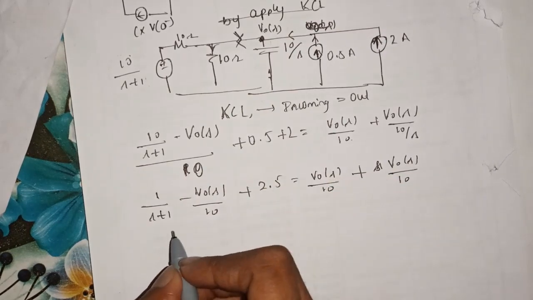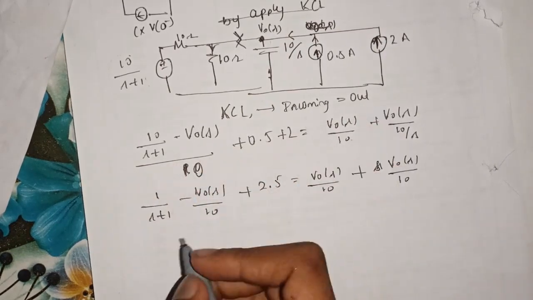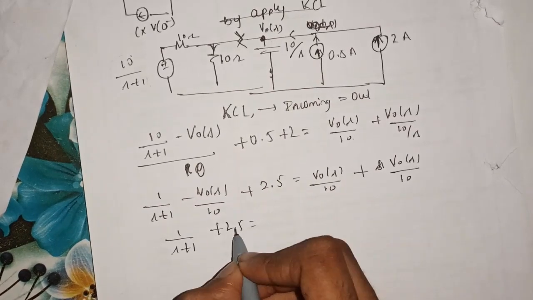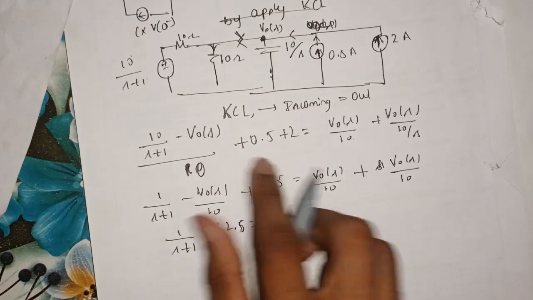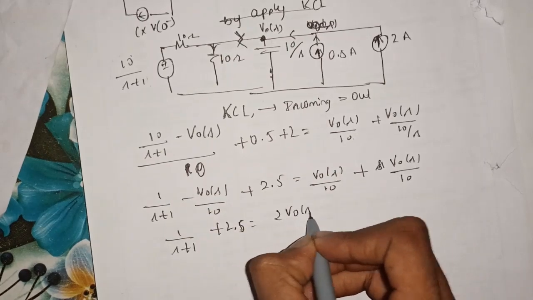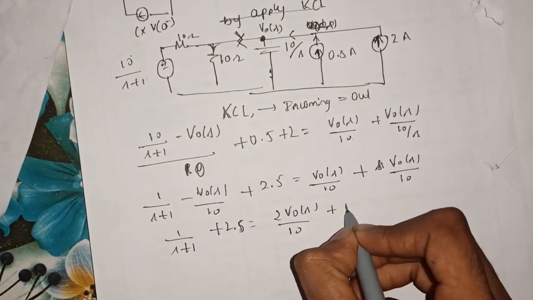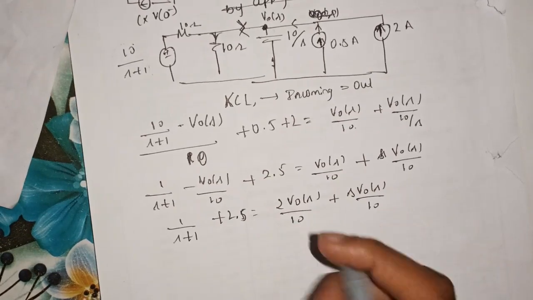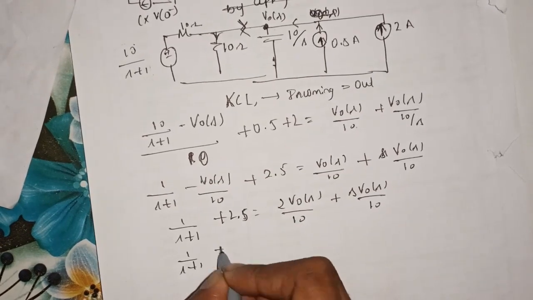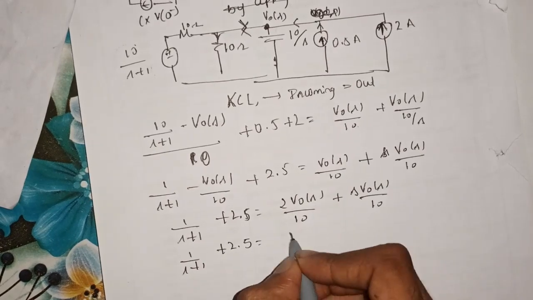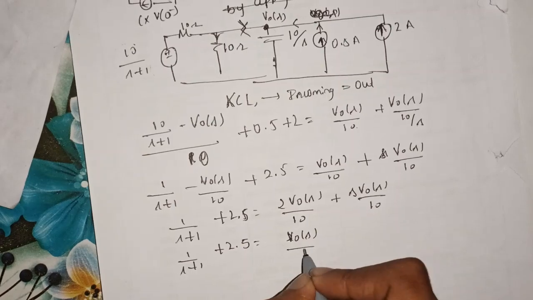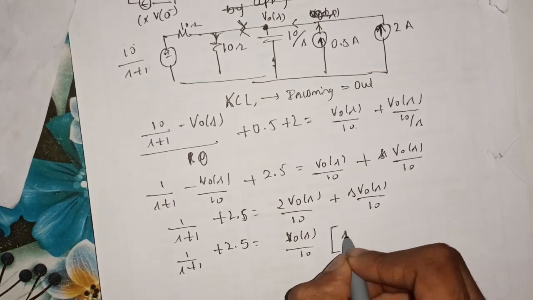And then I move this V naught of S to the right hand side, which will be 1 divided by S plus 1 plus 2.5, equal to V naught of S plus V naught of S, which is 2 times V naught of S divided by 10, plus S into V naught of S by 10. I take out this common: 1 by S plus 1 plus 2.5 will be equal to 2. I take V naught of S by 10 as common, which will be S plus 2.